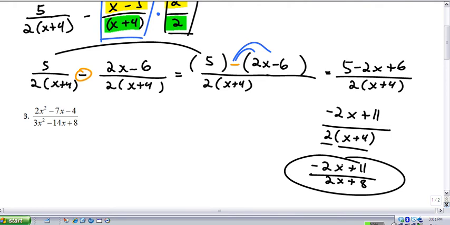And you'll say, oh, do the 2x's cancel? No, they don't cancel, because you're only going to cancel if you have the entire top and bottom multiplied by the same things. The top isn't negative 2 times x plus 11. It's negative 2x plus 11.